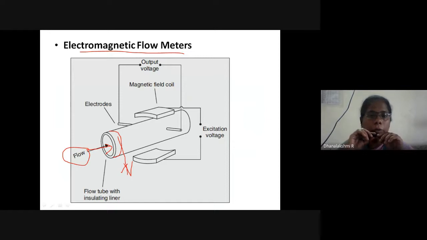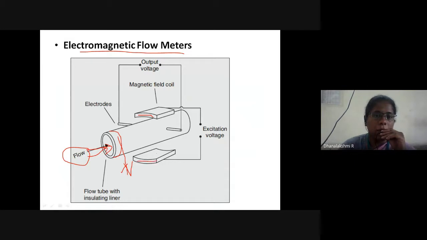So for conducting liquids you can use these electromagnetic flow meters, where the liquid flowing here is of conducting type, and the surface of the pipeline is non-conducting. At these ends you can see the magnetic field coils.